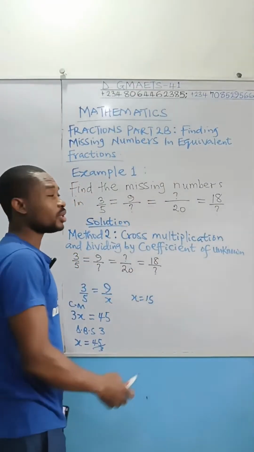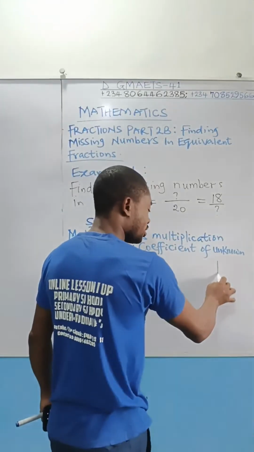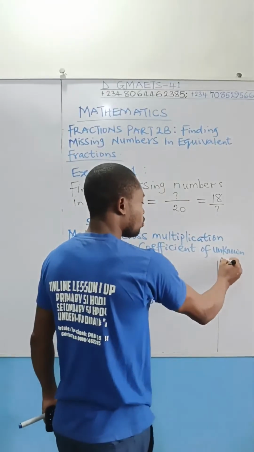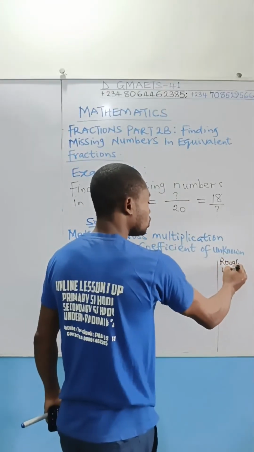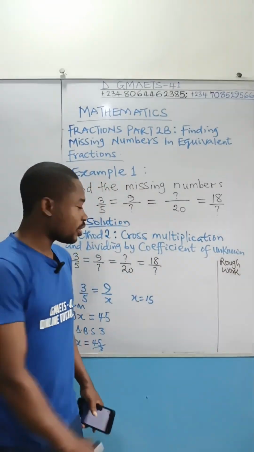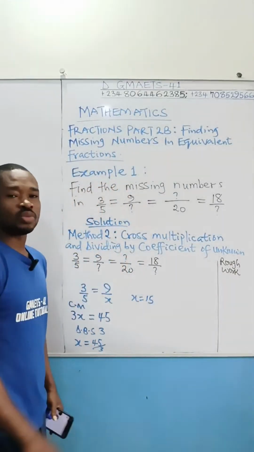The page of your note, but you don't draw that line. On your own, by this side, you can just draw a small line here, right? And then you write rough work. Where you will be doing rough work, like this calculation, to get your answers you'll be fixing here.